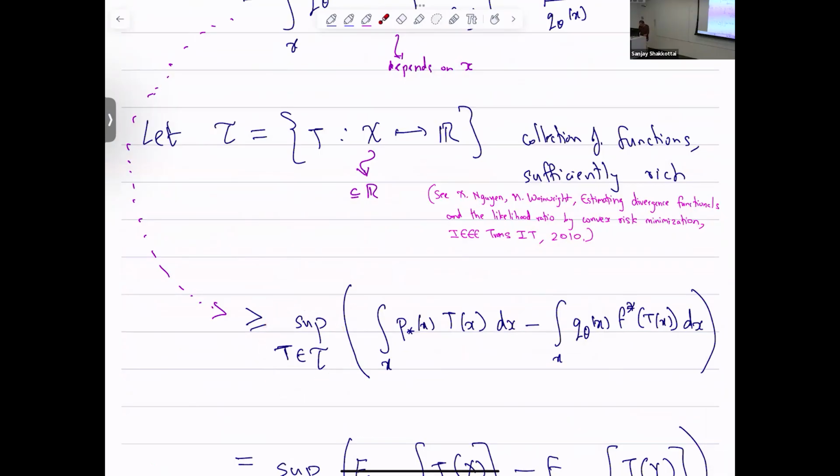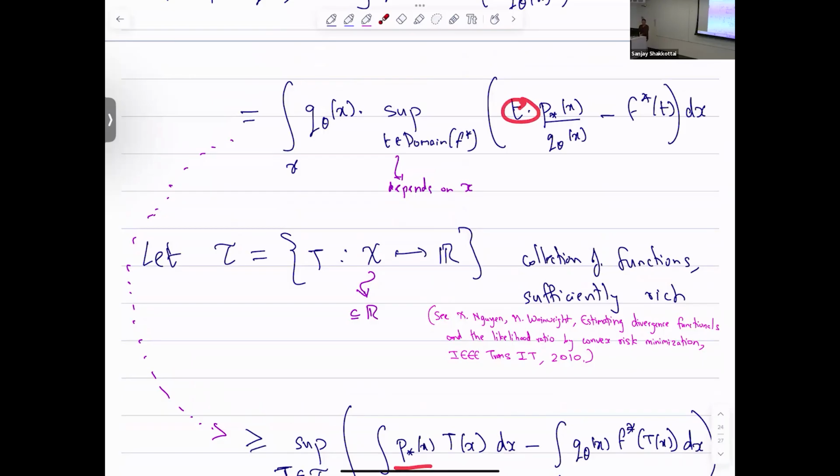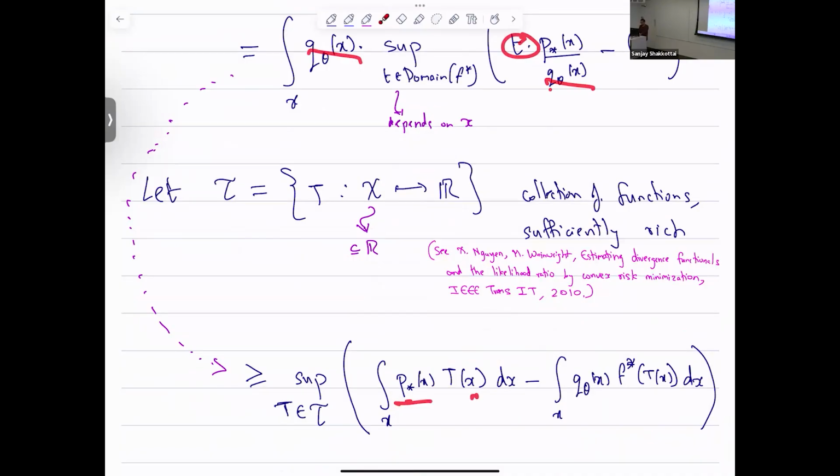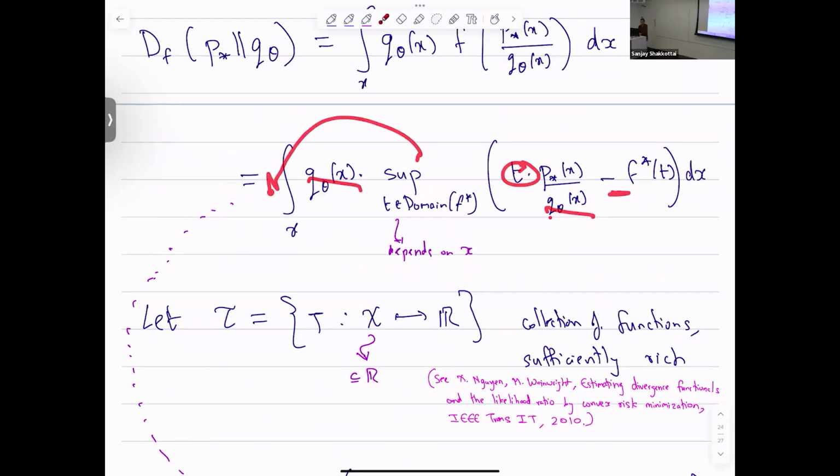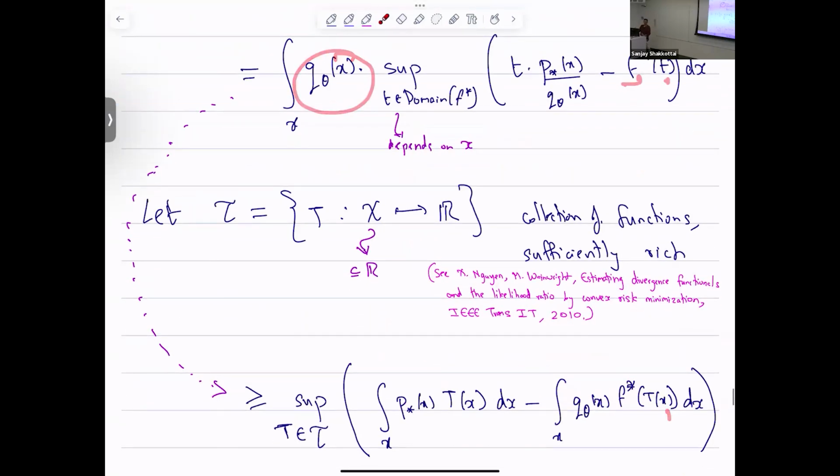The lower bound is P star times T of X. This T is T of X. This Q theta and Q theta cancel, and that's why you get P star times T of X. And this supremum has gone outside, remember, the lower bound. So I get Q theta times F star of T of X. So this is an expectation with respect to P star of this function.